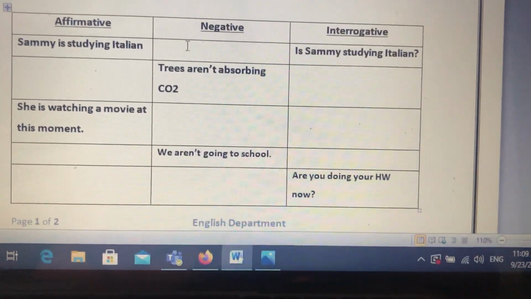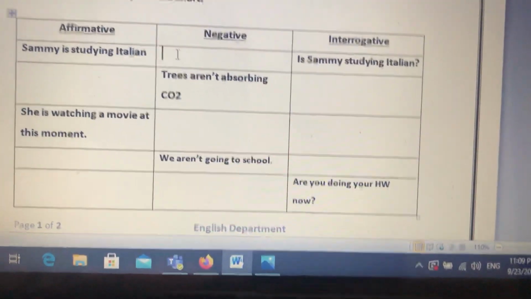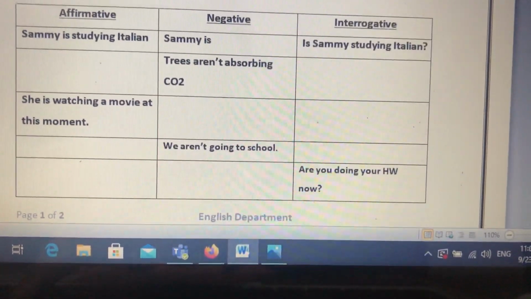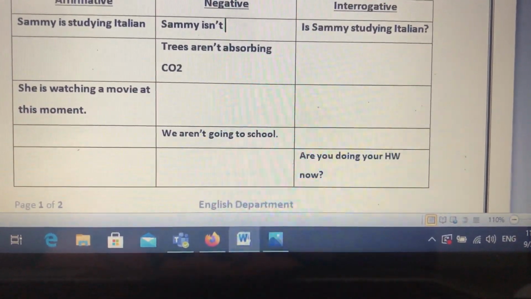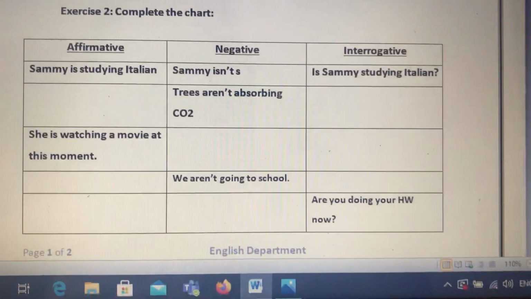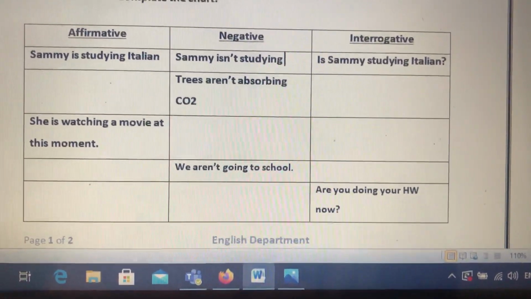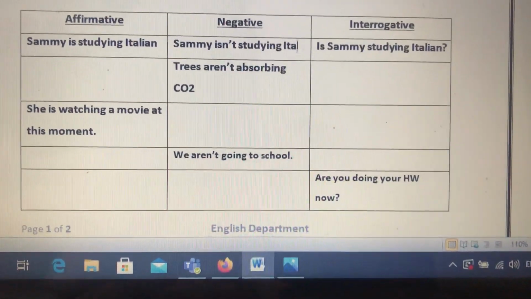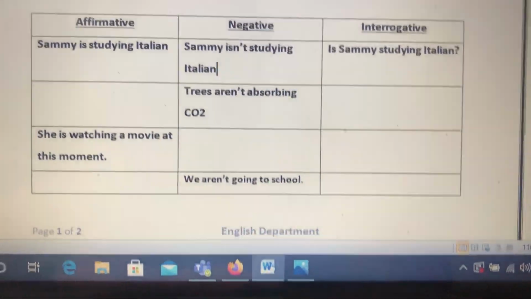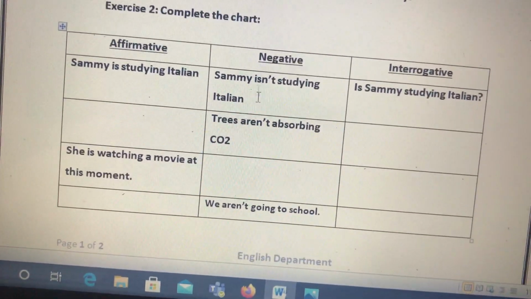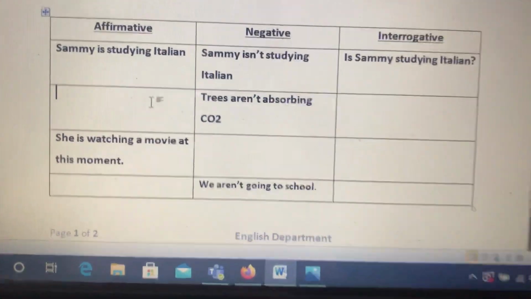In the negative form, Sammy isn't studying Italian. Let's go to the second sentence.